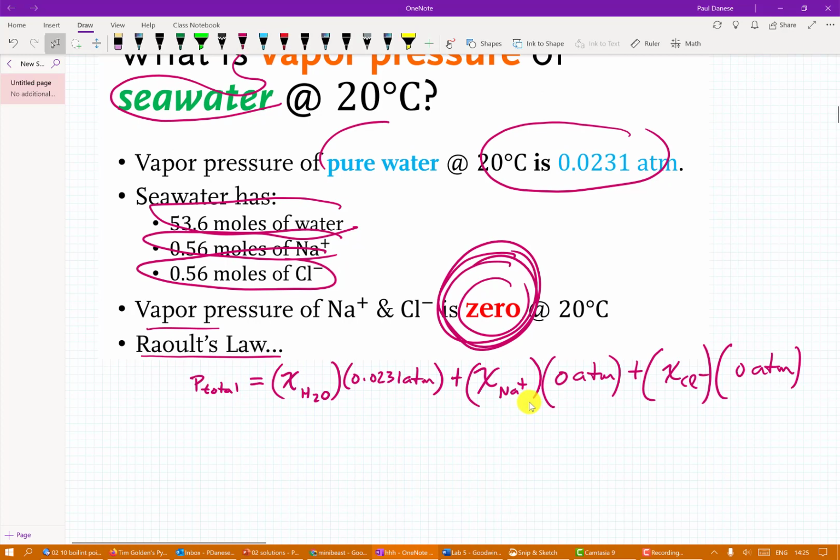And so that's a setup. We need to figure out what the fractions are.